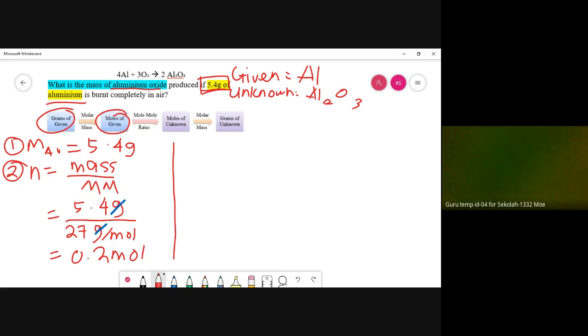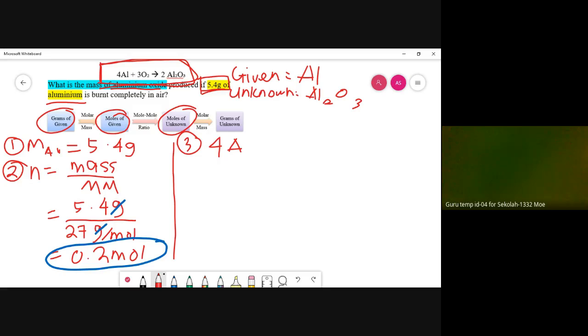Now, the third step is we would like to find the number of moles for the unknown. Untuk step yang ketiga ni, you have to compare the mole from the given chemical equation, yang ni, and the moles from step 2, this one. So, from the equation, 4Al ni, we know that we have 4 mole of aluminium.